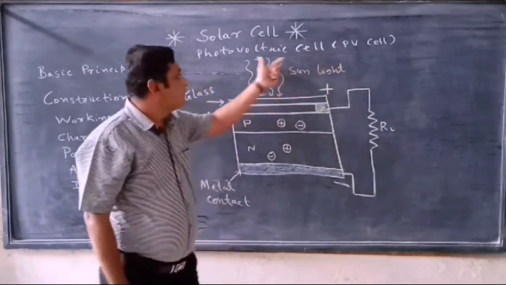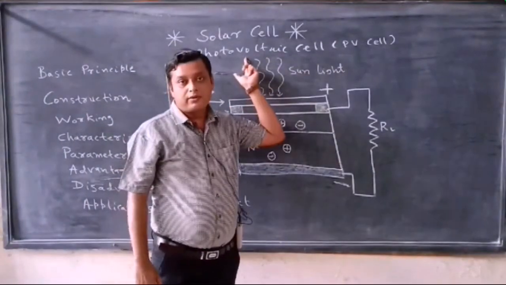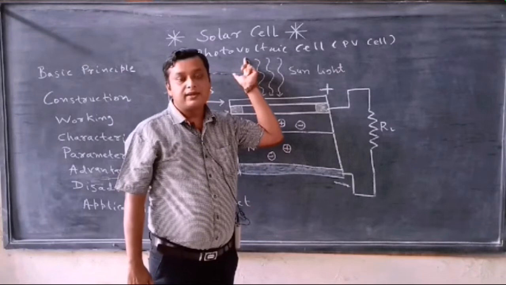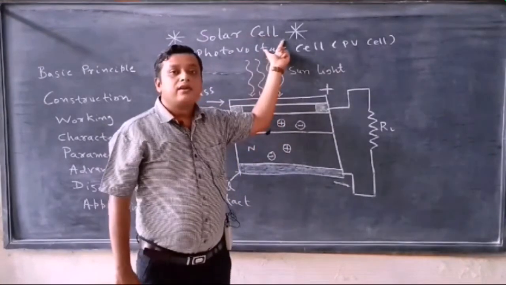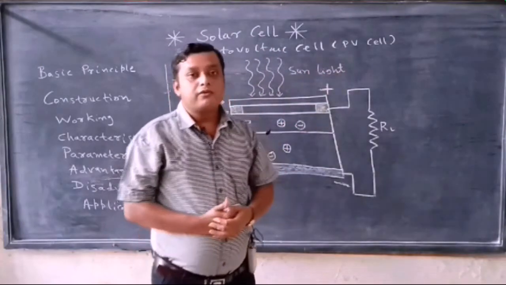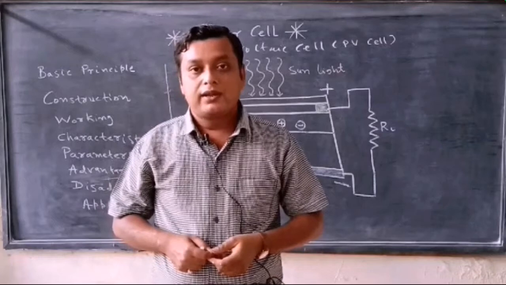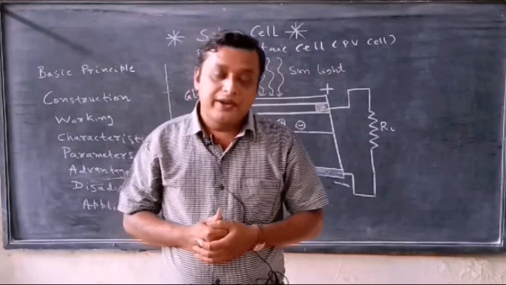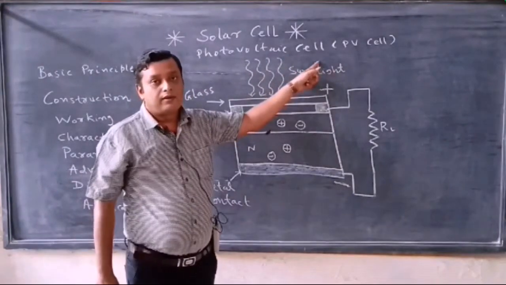The answer is, whenever photons or light energy fall onto the solar cell, a potential difference or voltage is generated across the solar cell. That's why this is known as a photovoltaic cell.